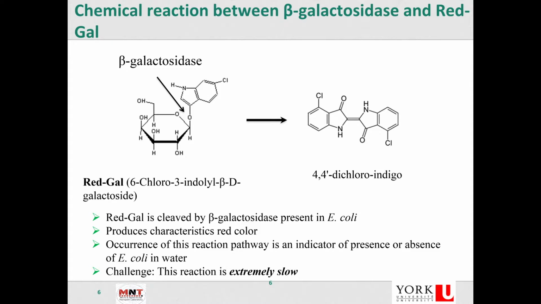Okay, so this reaction takes place because of the enzyme that is present in the E. coli. However, as in nature things are very slow, this will be extremely slow. It takes maybe days to do this reaction where you will see the red color.